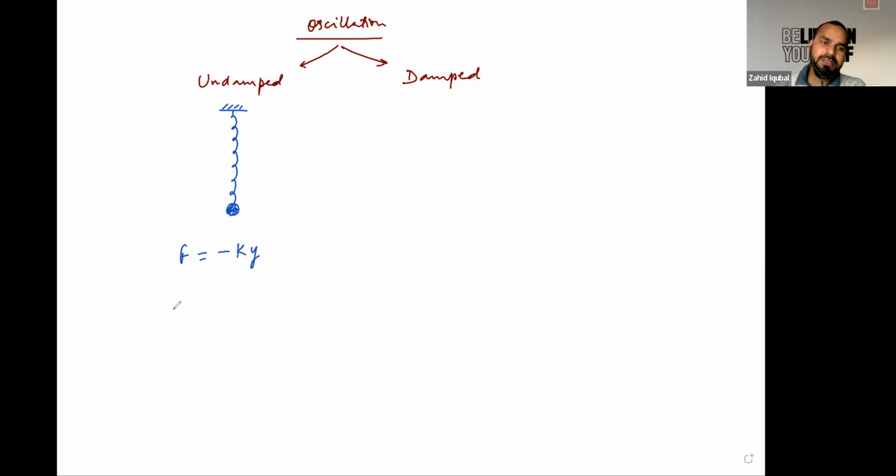If you simplify this expression, you will get acceleration plus k by m times y is equal to 0. On solving this expression, you will get y is equal to a times sine omega t. It means oscillation of a body which has constant amplitude is called undamped oscillation.